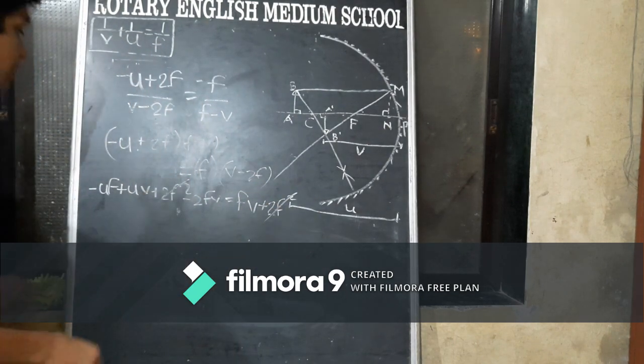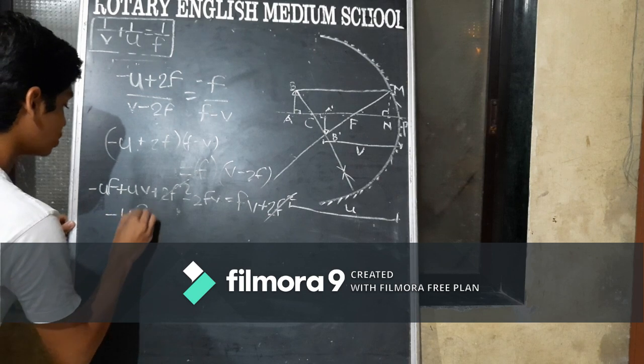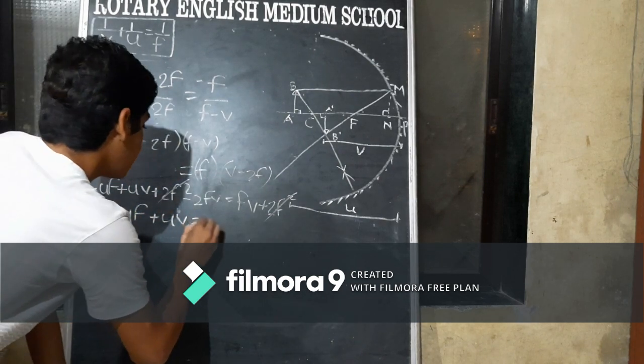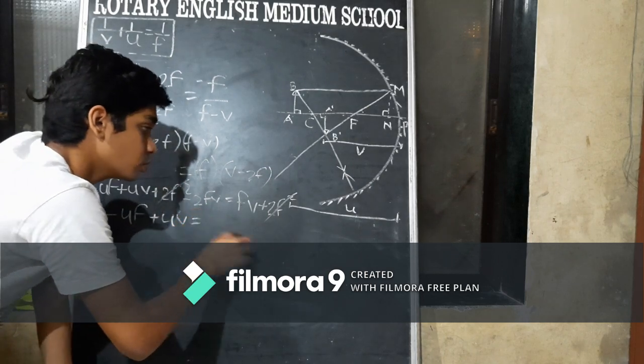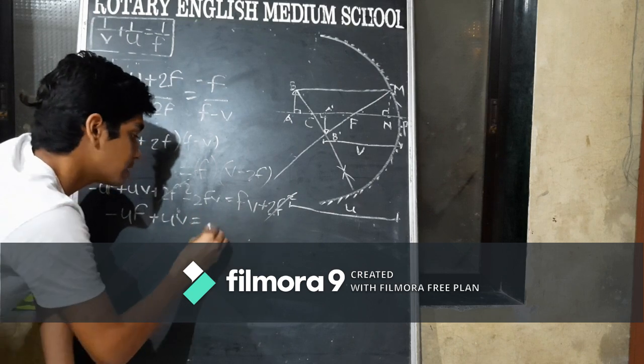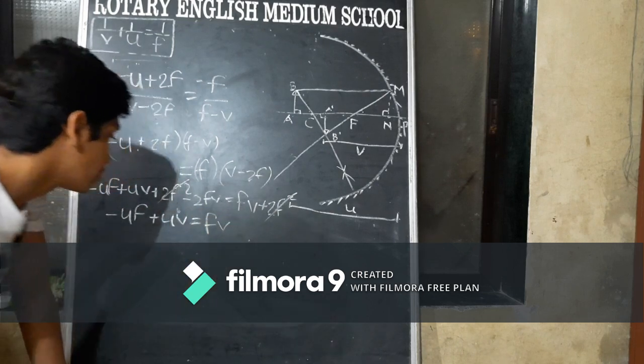The 2f square will be cancelled. Minus UF plus UV, and let's take this minus FV to this side, so this will be plus FV.